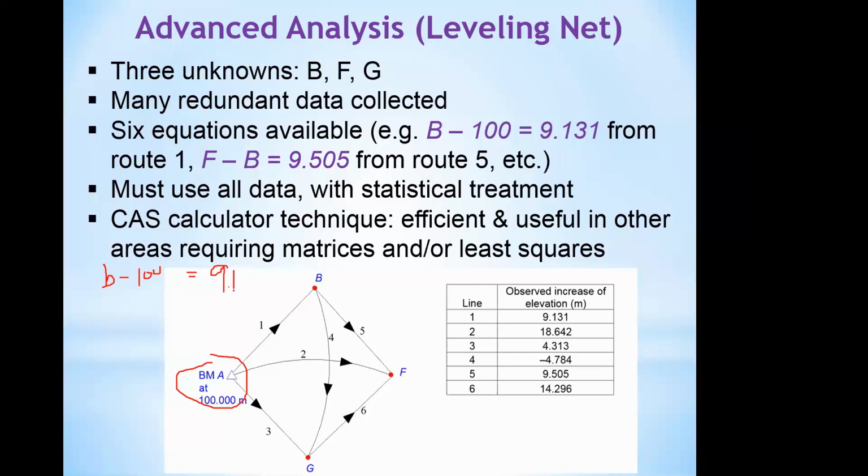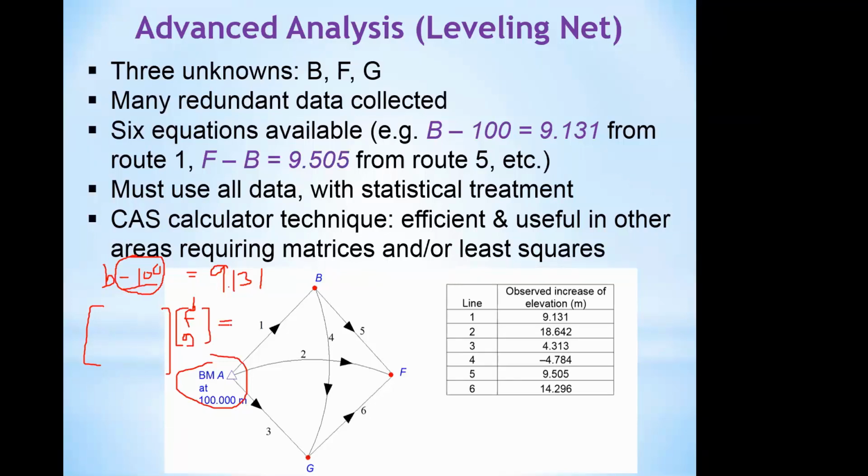That makes my formulation trickier because I have to take care of this minus 100 somewhere. My goal is to separate all these left-hand sides, or theoretical versions, as simply something multiplied by B, F, G, but that would be more difficult if I had to carry this 100 with me.